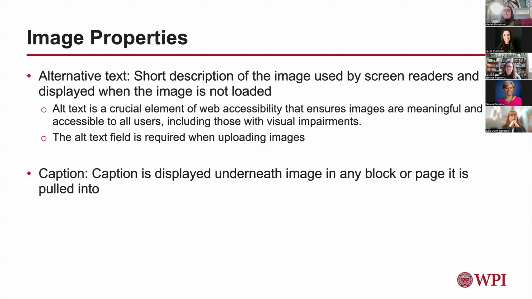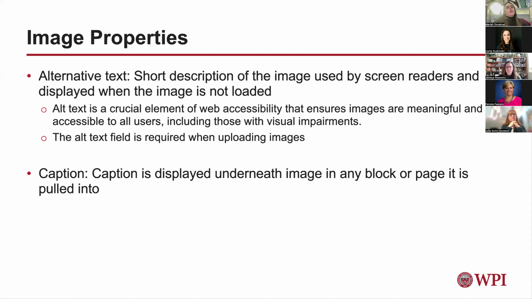When we go into add an image, we'll see a field for alternative text, also known as alt text. This is a short description of the image that's used by screen readers and displayed when the image isn't loading. This is crucial for web accessibility to ensure that the images are meaningful and accessible to all of our users, including users that have visual impairments. This is required when uploading an image.